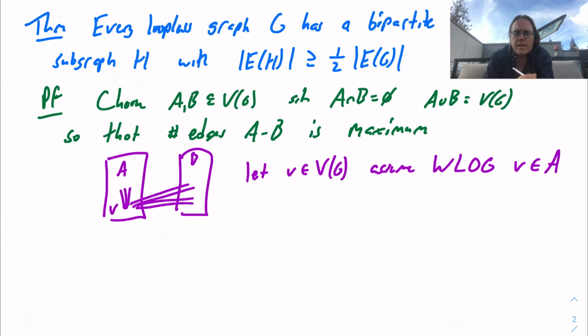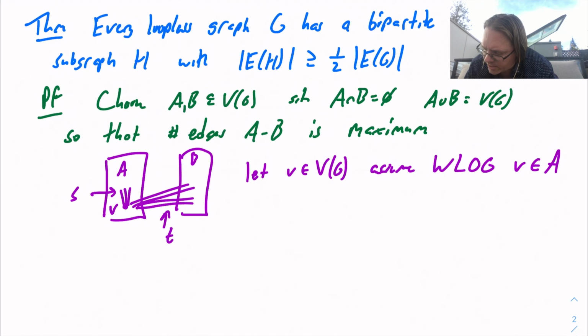So I've taken my vertex V, and now I want to think about the different types of edges that are incident with this vertex V. Now, as I said, they come in two types here. Let's suppose there are S edges here and T edges here.